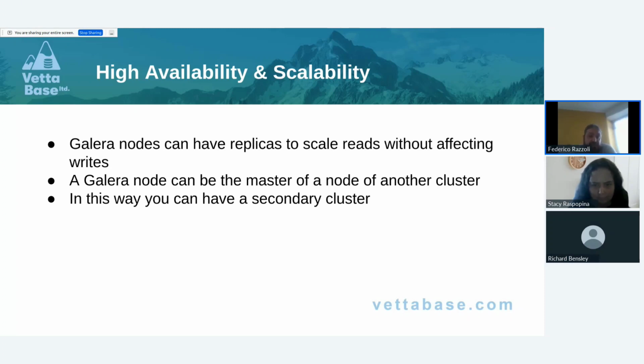Of course, it will work even better if you can distinguish between the reads that need to get the most recent data and the reads that can get some slightly old data, for example, up to 1 hour ago, okay? Because in this way, you can tolerate some replication lag for the asynchronous replicas.